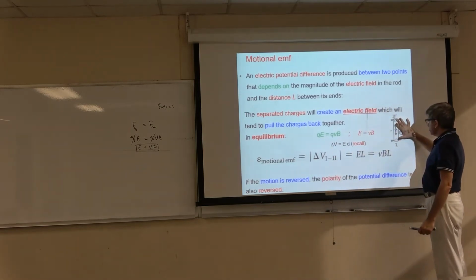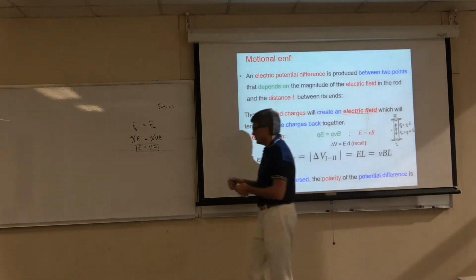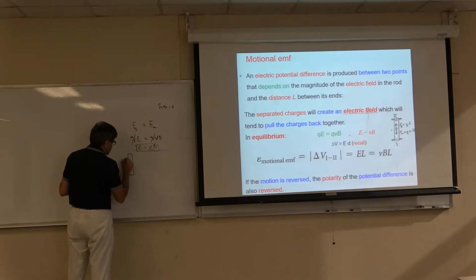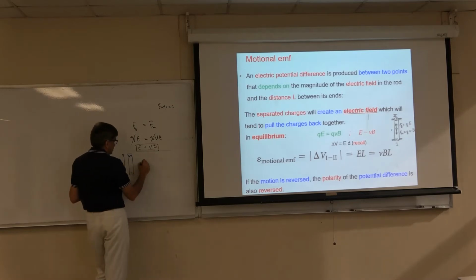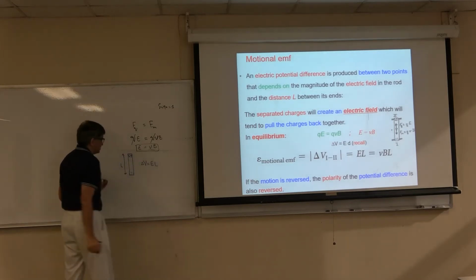Here, the distance between the two points, which is the distance between the two ends of the bar, is L. So the potential difference delta V is equal to E times L.